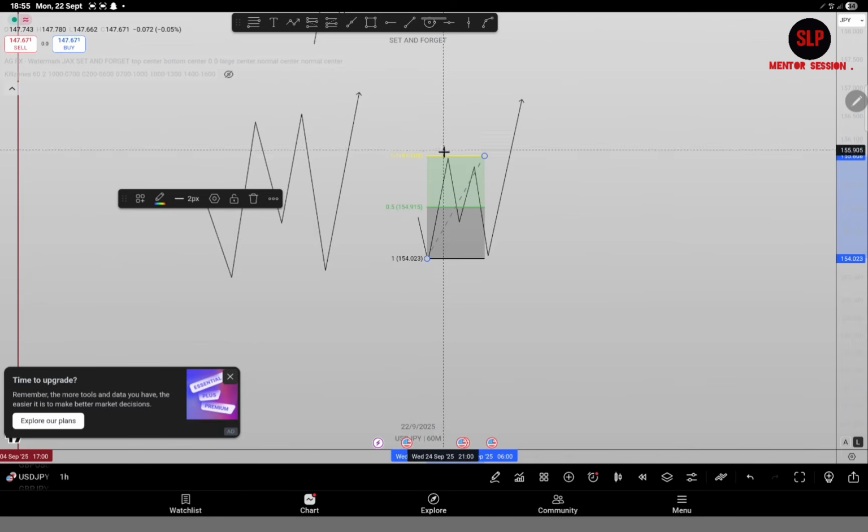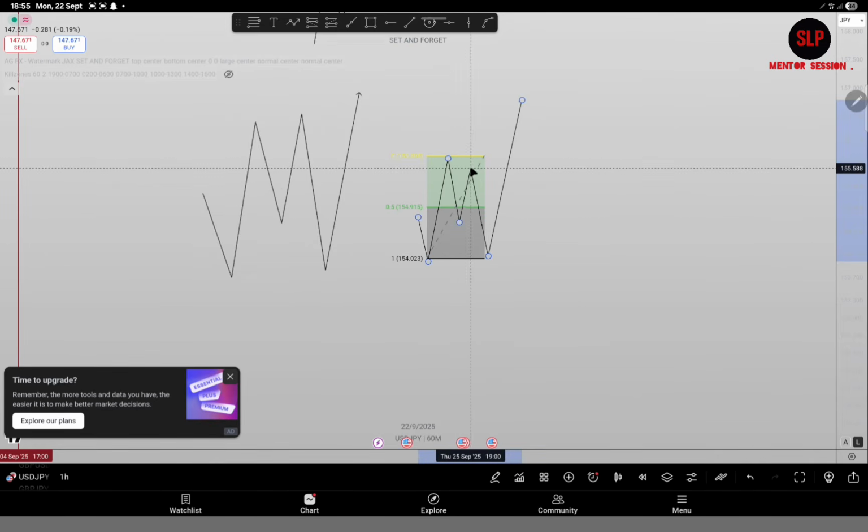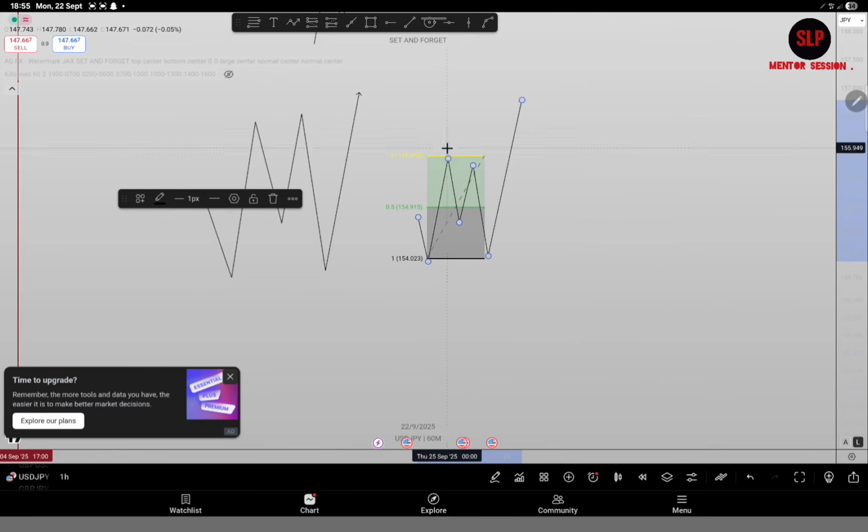So this swing structure right here, that's where you plot your Fibonacci, and price should come mitigate the 50% and then move up to at least 70, 80% before coming down to tap into your point of interest.